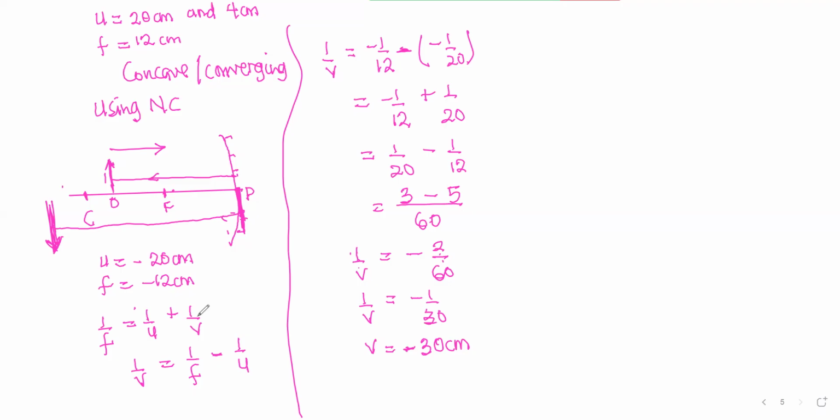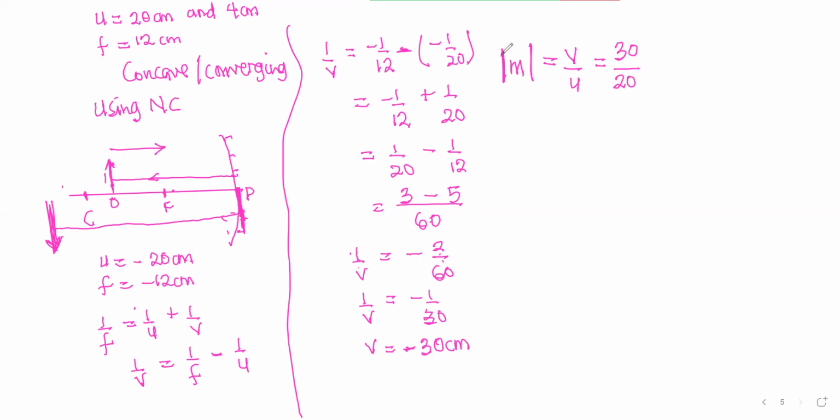Let's also solve to see whether the image will be magnified or diminished. So magnitude of linear magnification is equal to V/U. What is V? V is 30. What is U? U is 20.